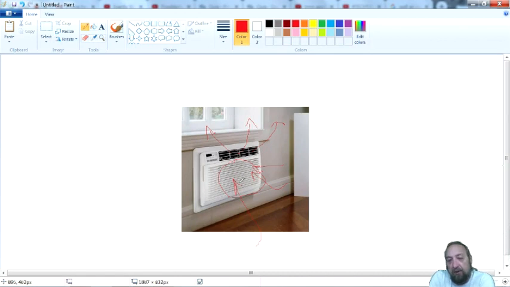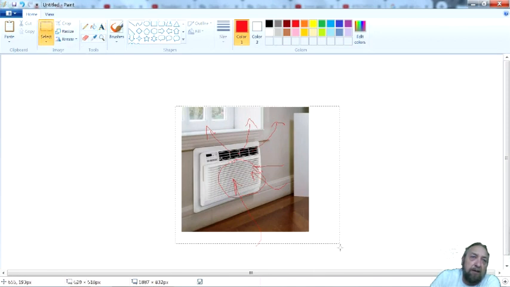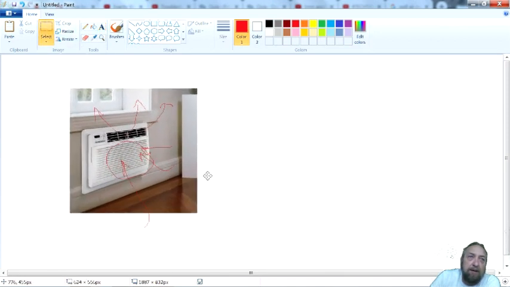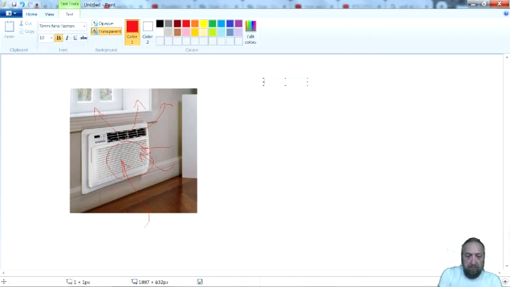And this is important because I've run across this quite a few times. An air conditioner has a BTU rating. A BTU rating is how much heat that air conditioner will absorb.